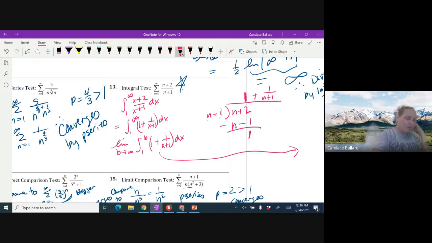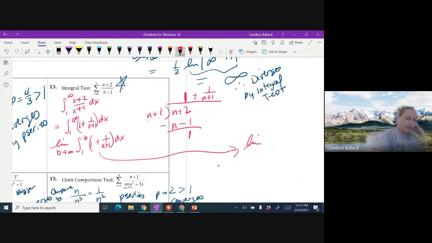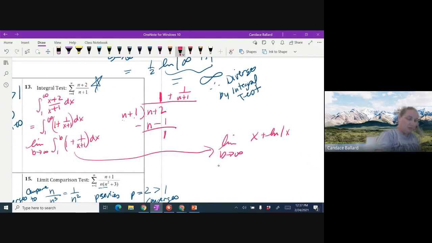Okay, so when I integrate, I get the limit as b approaches infinity of, let's see, I integrate the 1, I get an x plus natural log absolute value of x plus 1 from 1 to b.